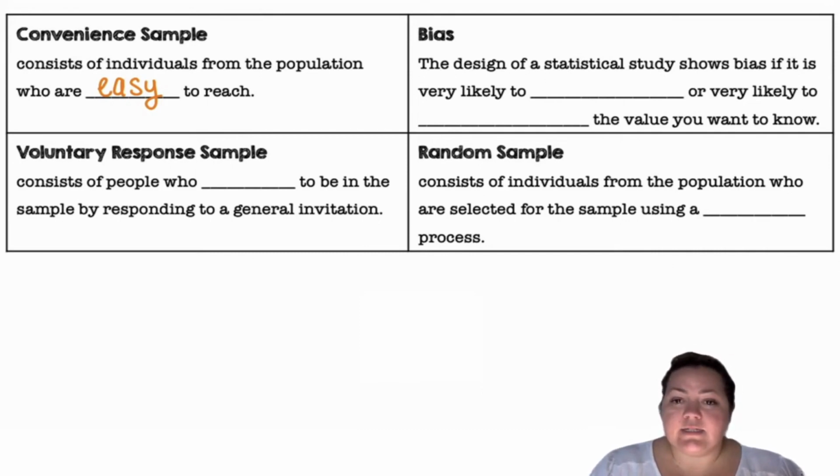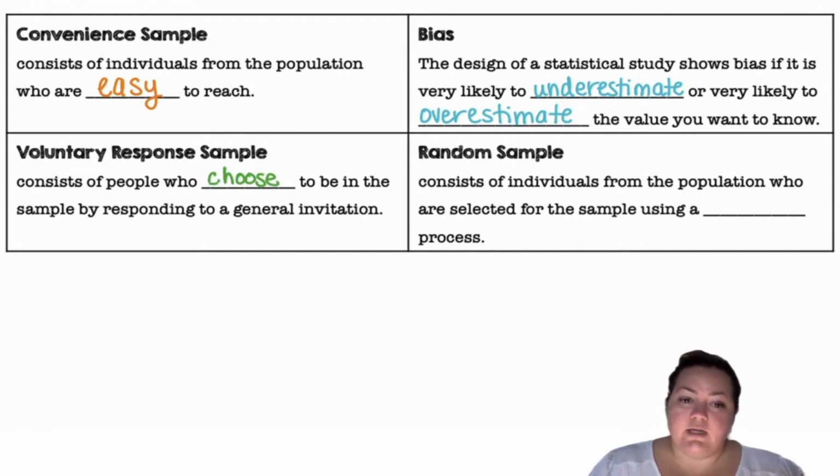Bias: the design of a statistical study shows bias if it is very likely to underestimate or very likely to overestimate the value you want to know. A voluntary response sample consists of people who choose to be in the sample by responding to a general invitation.